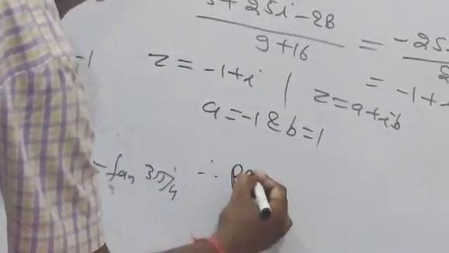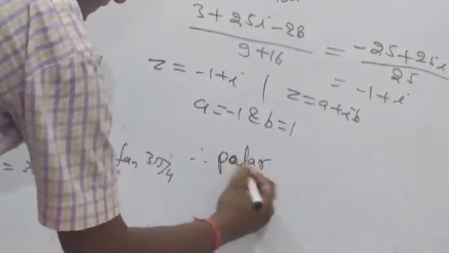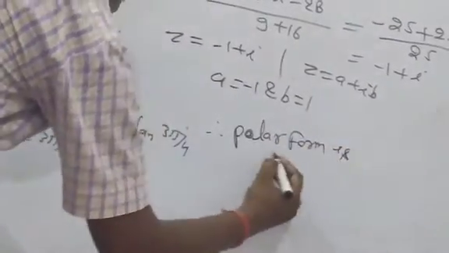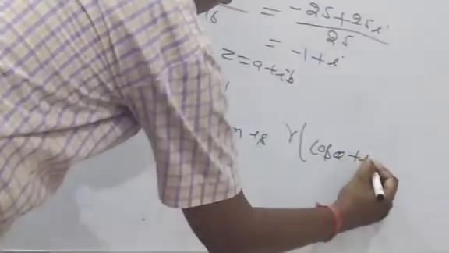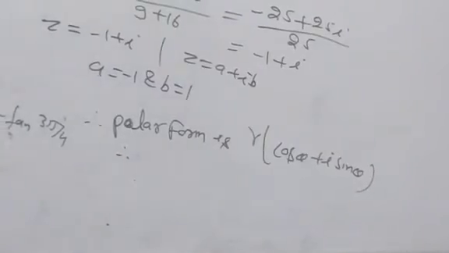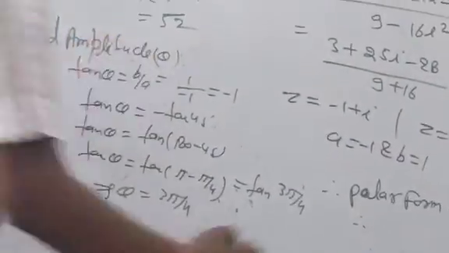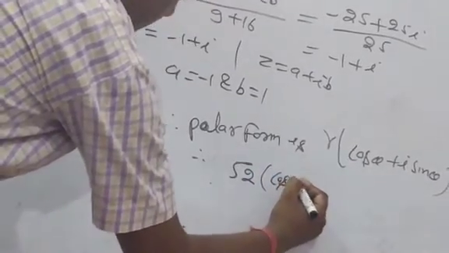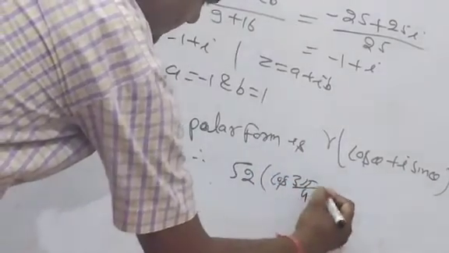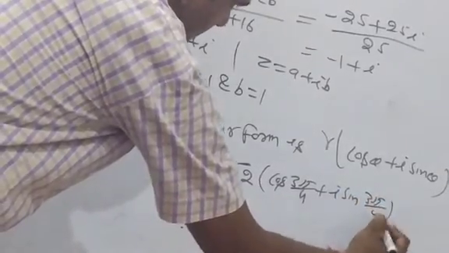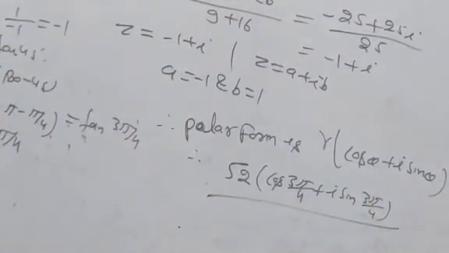Therefore, the polar form is r cos theta plus i sin theta. R means under root 2, so it is under root 2 cos 3 pi by 4 plus i sin 3 pi by 4. Clear?